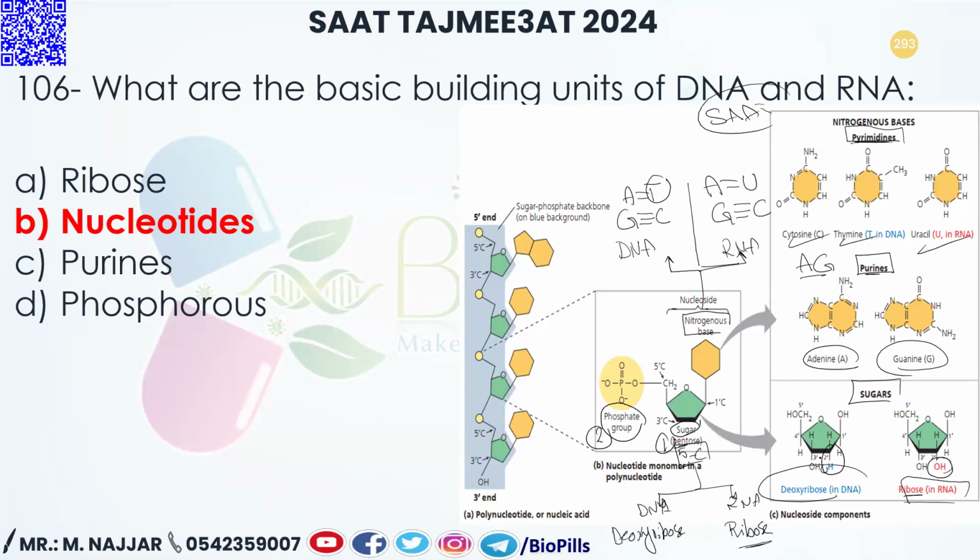In deoxyribose, the prefix de means elimination or removal, and oxy means oxygen, so there is one oxygen removed from the ribose sugar. This is in the case of DNA. While in RNA, the sugar has the oxygen, so it is not removed. The ribose sugar is as it is. Those are the basic differences between DNA and RNA.